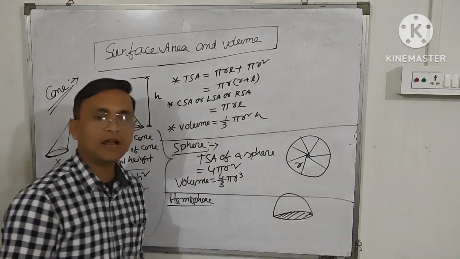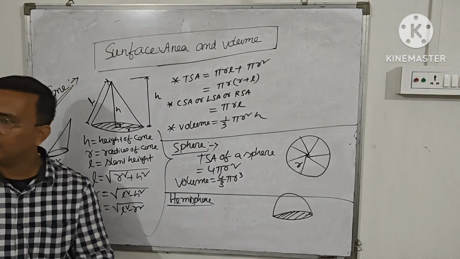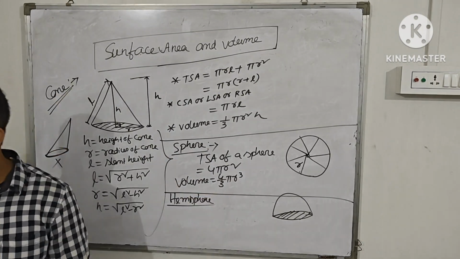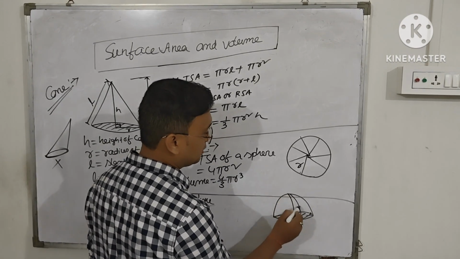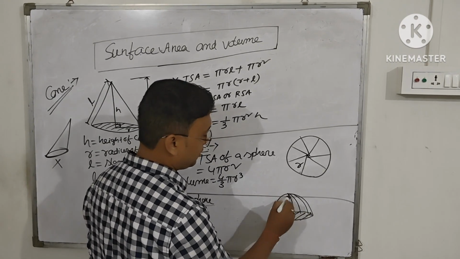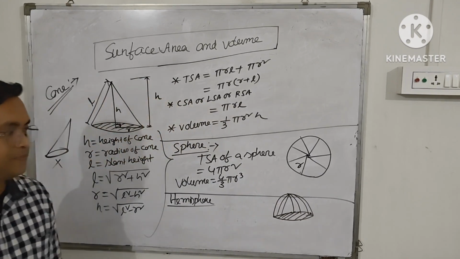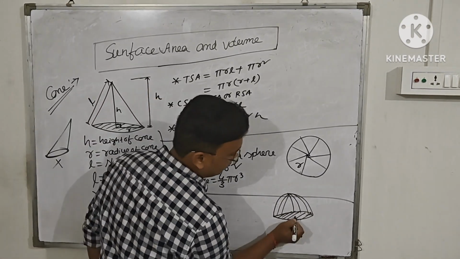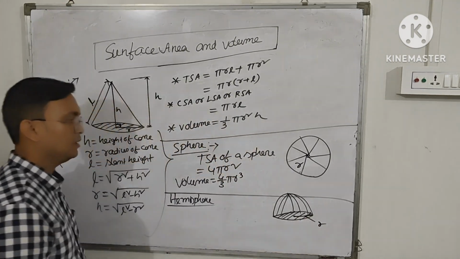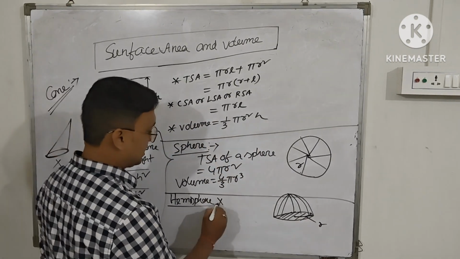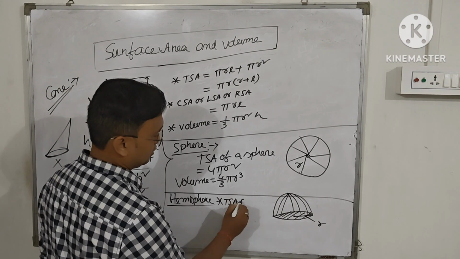If I cut the sphere equally, then we will get a hemisphere. So just like half of circle is known as semicircle, half of sphere is known as hemisphere. So this is the center of the sphere. Now it can be seen. This is radius.